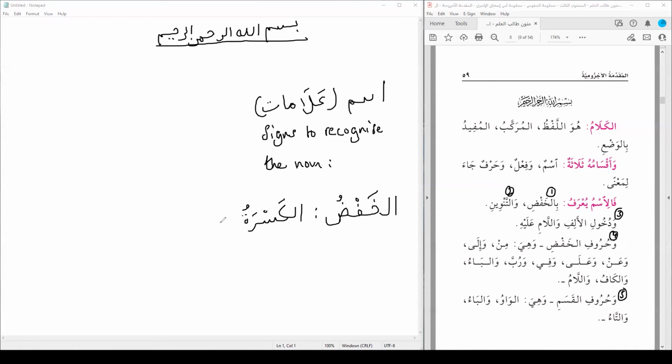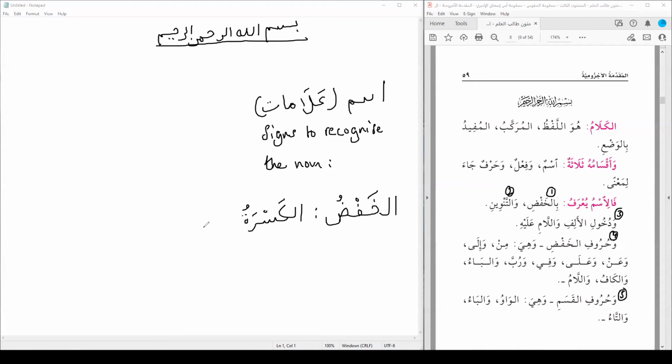If you find on the end of a word that there is a kasra, this will usually be a sign that this word is a noun.